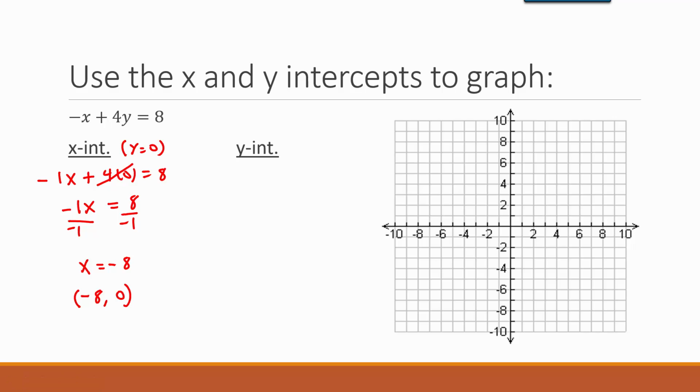Okay, the y-intercept, let x equal 0. So replace x with 0. Now again, that's understood to be negative 1 times 0, and anything times 0 is 0. So now we have positive 4y equals 8.